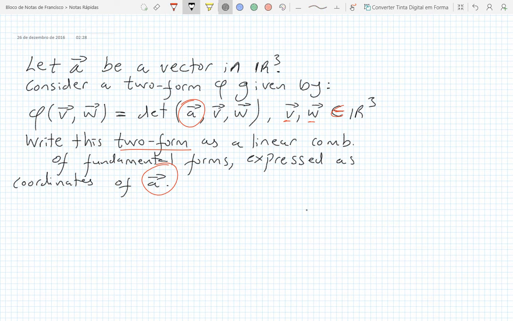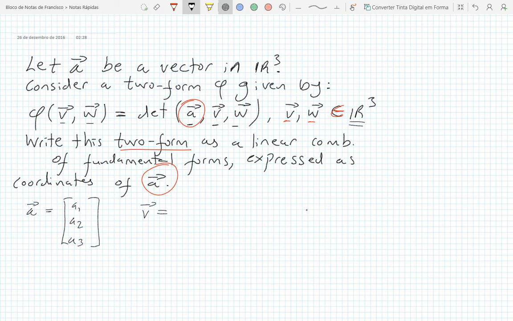Okay, so this is a bit abstract, but we have phi of V and W, the determinant of vector A, V, and W. So we are in R3, so vector A will be, I'm going to write it this way, A1, A2, and A3.